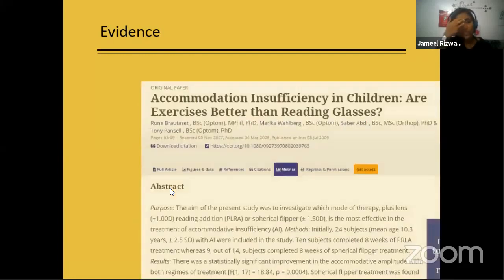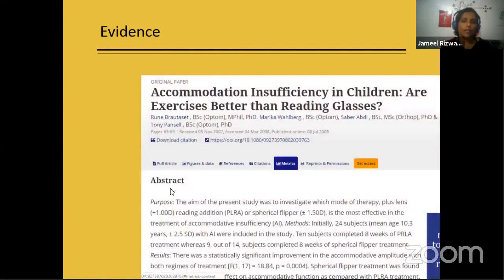Okay, there are very good studies. You can go ahead and look at these studies where people have looked at whether reading on plus lenses is better or exercise is better. Of course, the sample sizes of these studies are really very small. And in this particular study, they have not really discussed anything about the severity of the accommodative insufficiency.